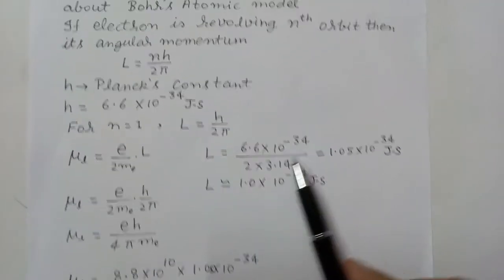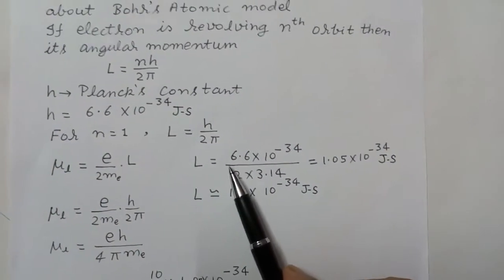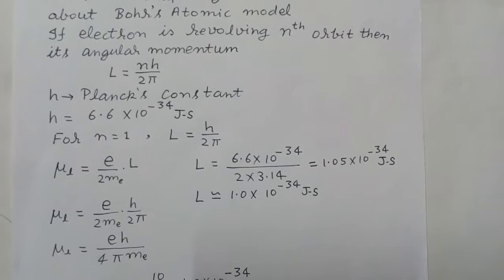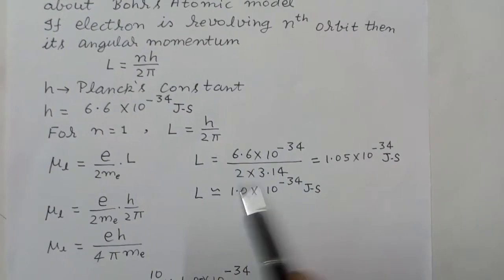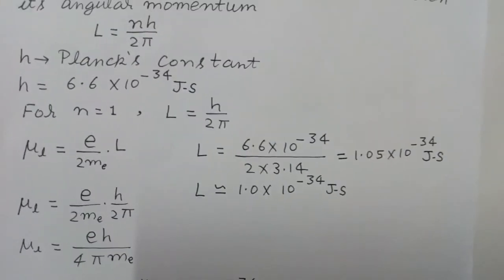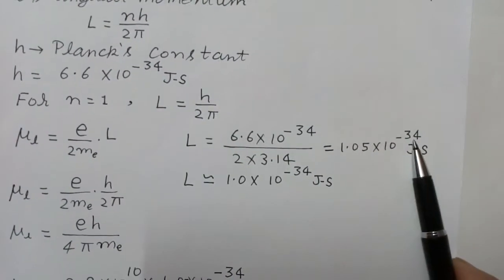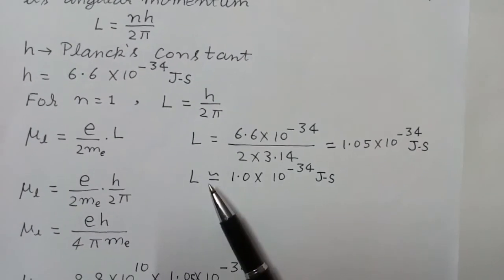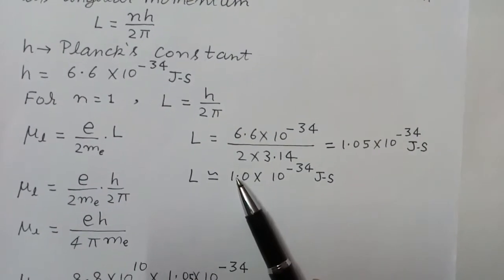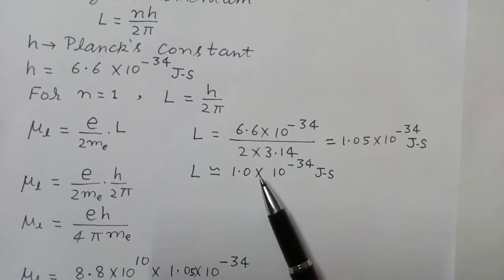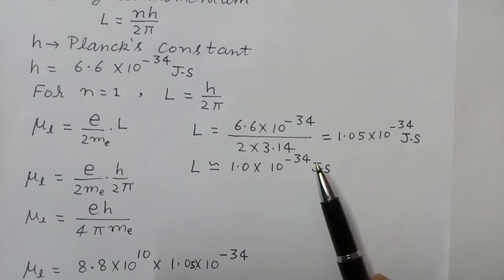So value of h upon 2 pi, see from here, is 6.6 into 10 power minus 34 divided by 2 into 3.1. So this comes equal to 1.05 into 10 power minus 34 joule second. We may write it is nearly equal to 1.0 into 10 power minus 34 joule second.